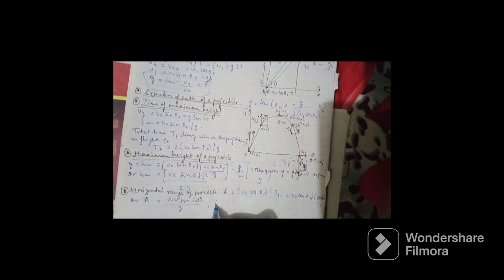This equation shows that for a given projection velocity v naught, R is maximum when sin 2 theta naught is maximum, that is theta naught equals 45 degrees, and the maximum horizontal range is therefore Rm equals v naught square by g.